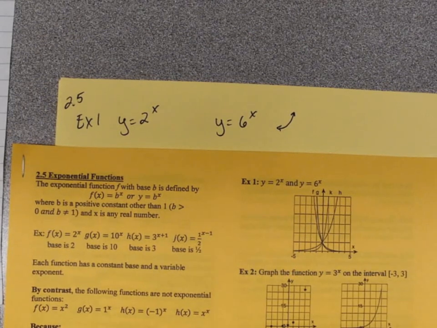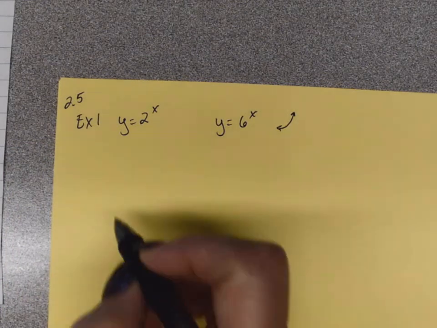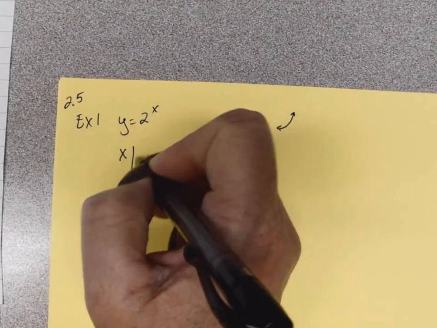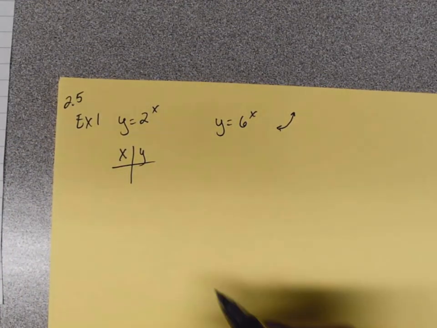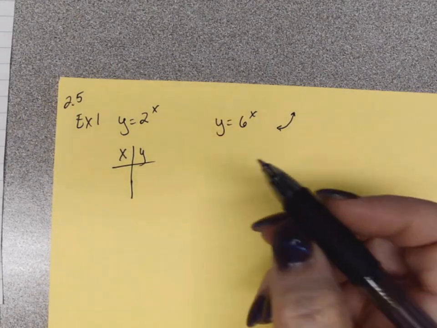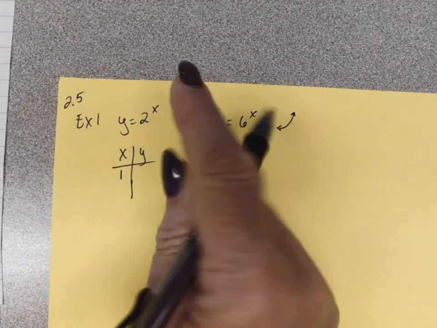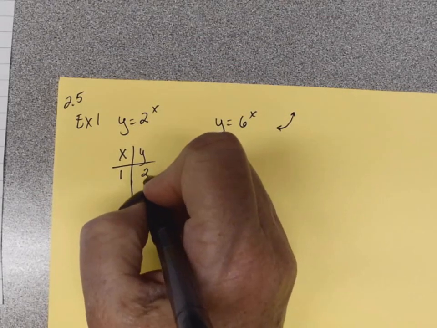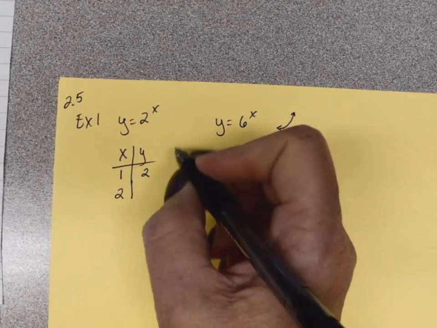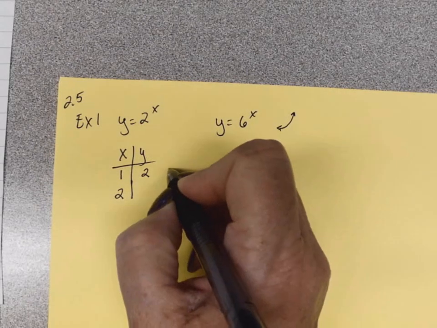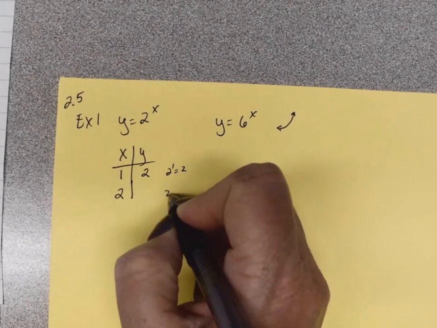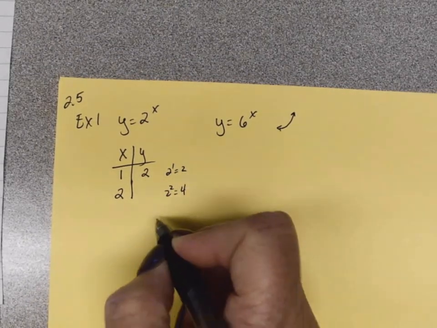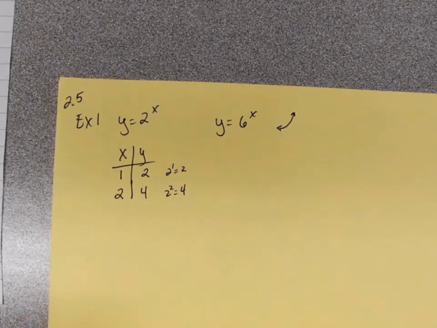Now, how do we know for sure? We can always do a t-chart. We can do a chart that looks like a T with x and y, and pick some values. If I pick 1, 2 to the first power gets me 2. If I pick 2, 2 squared equals 4. That gives me an idea.